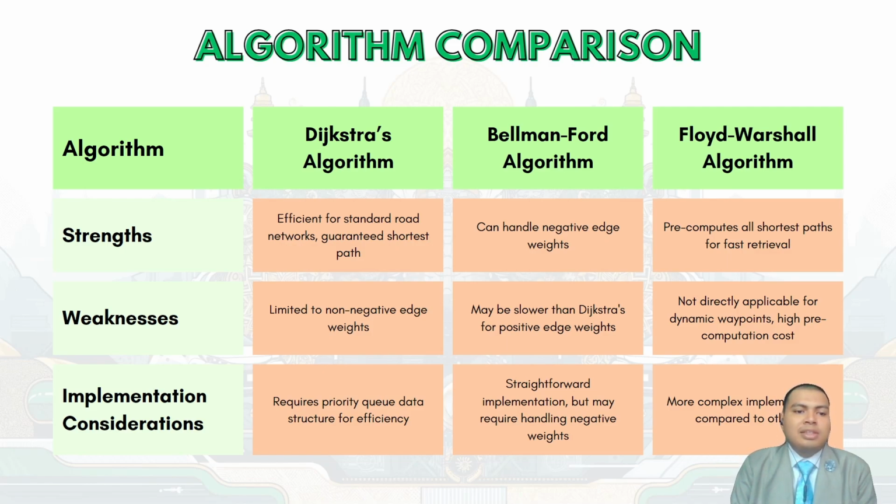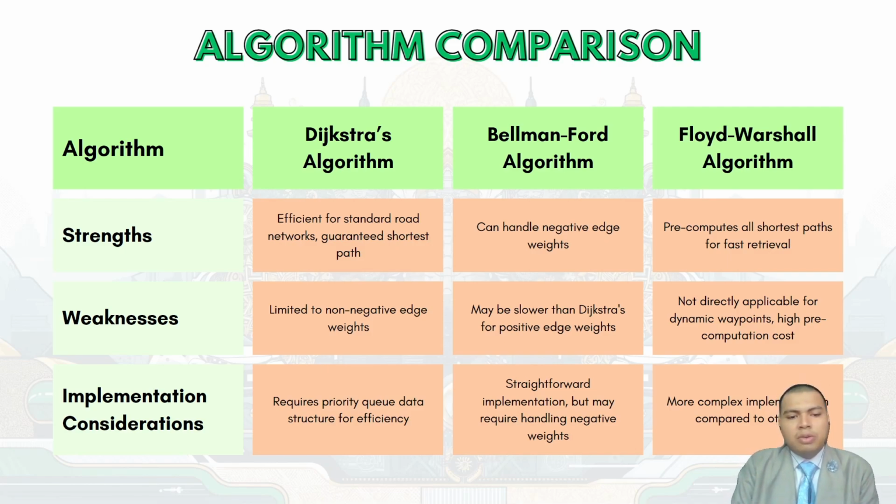In terms of weaknesses, Dijkstra is limited to non-negative edge weights. Bellman-Ford may be slower than Dijkstra for positive edge weights. And Floyd-Warshall is not directly applicable for dynamic waypoints and has high computation cost.